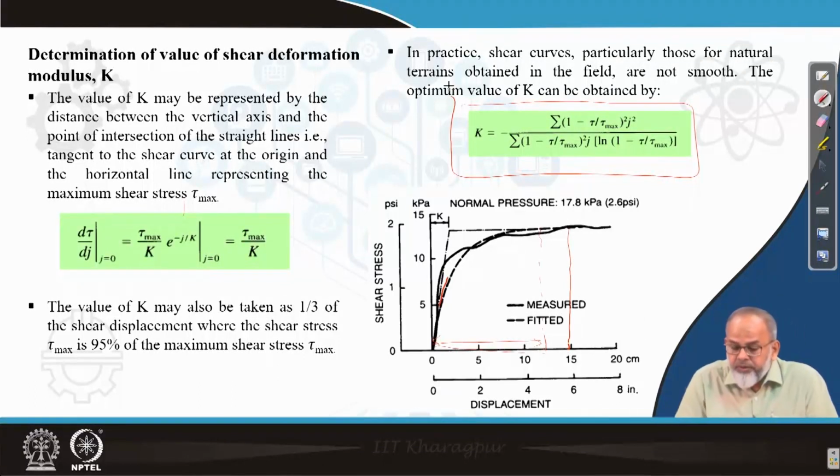K is equal to the summation of (1 minus tau by tau max) squared j squared, divided by the summation of (1 minus tau by tau max) into j into log of (1 minus tau by tau max). So by this you can get an optimum value of k, which will minimize the error in explaining the behavior of the shear stress, shear displacement curve.